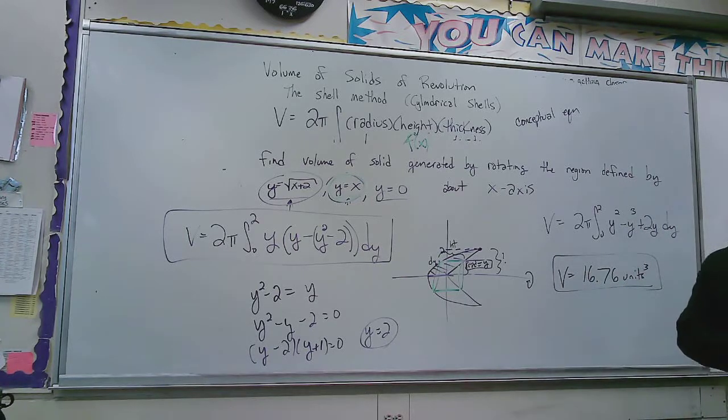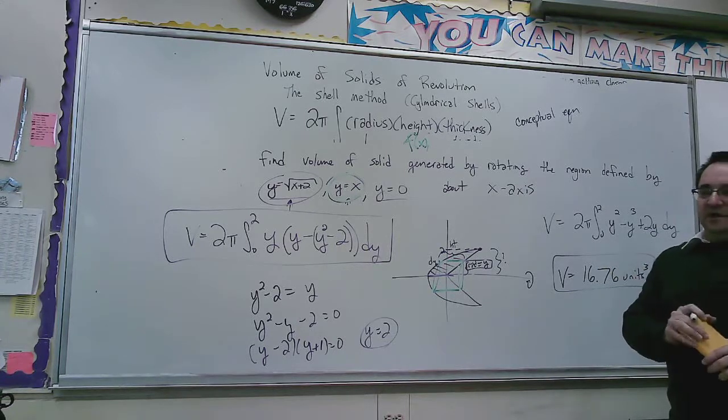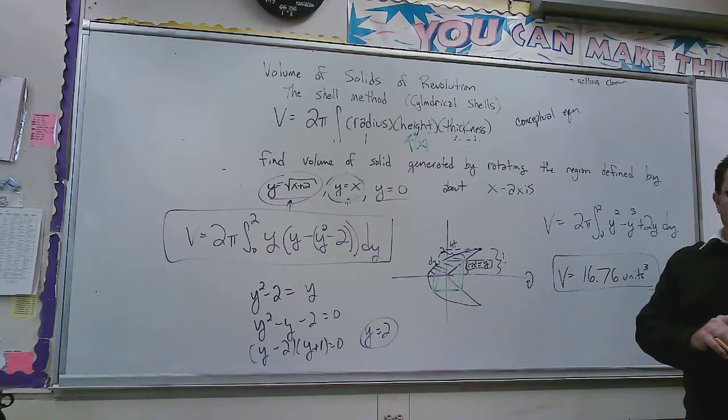All right, so we'll let it be there. You're going to need to try a few of these problems, setting them up, and we'll kind of see where we're at after you try some.